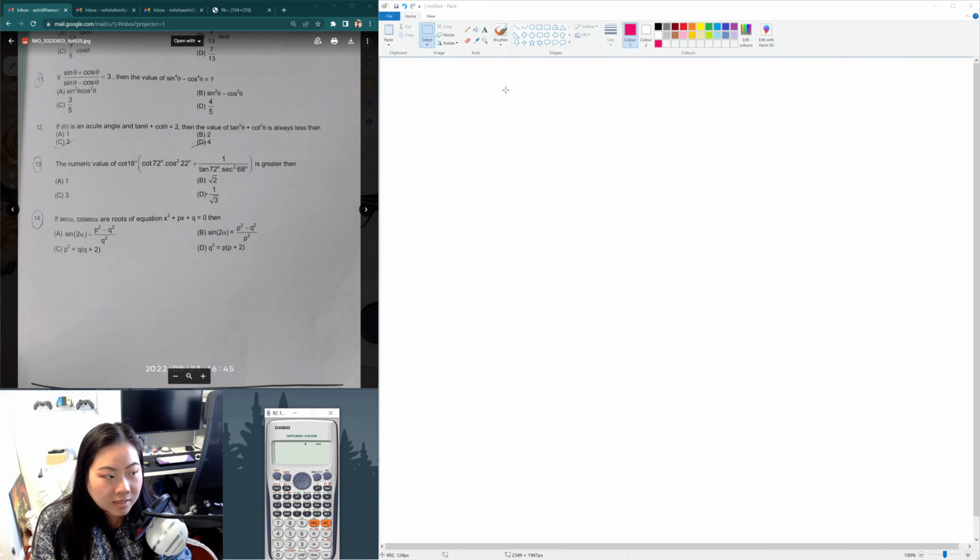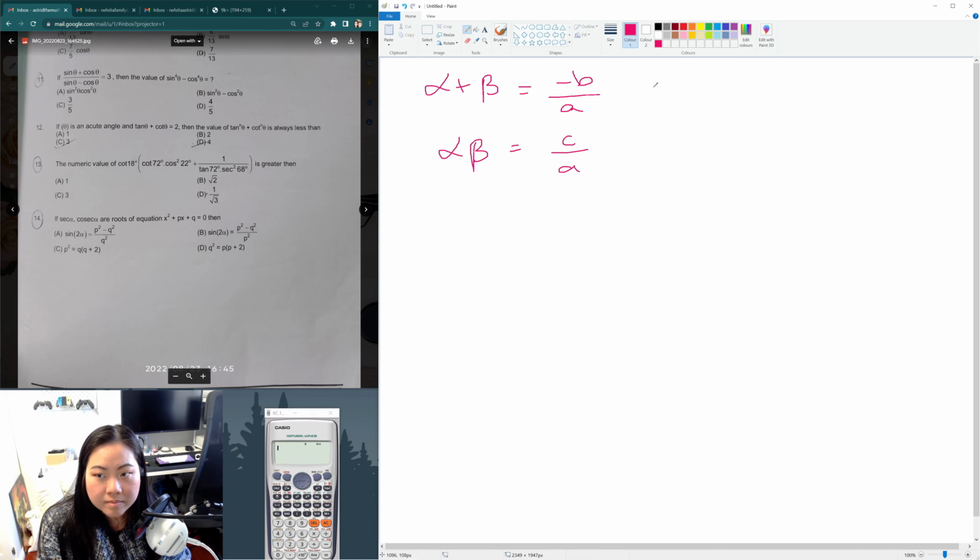So we know that the sum of the roots, I'm using alpha as well. Ugh, that's yuck. But anyway, doesn't matter. The sum of the roots is minus b over a, and the product of the roots is c on a.